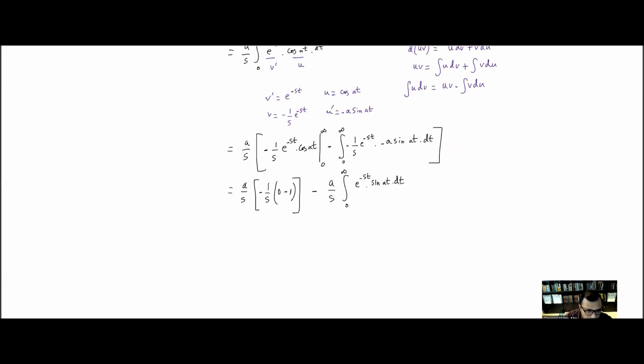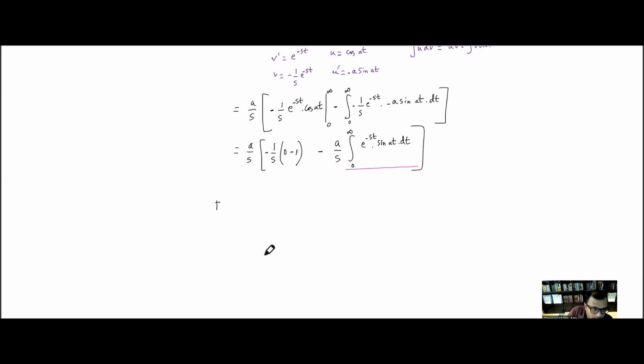Now let us evaluate this part. So f of s is equal to, so this is minus or 1 by s, so a by s square, minus, if we multiply this, a square by s square times f of s, because we did see that this particular integral is nothing but f of s, right?